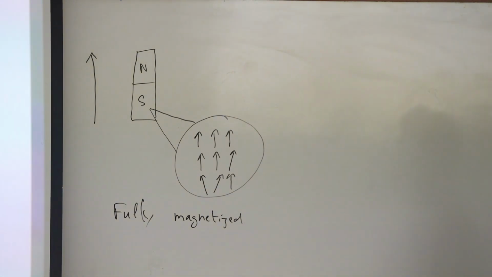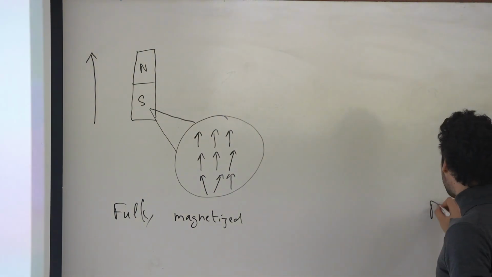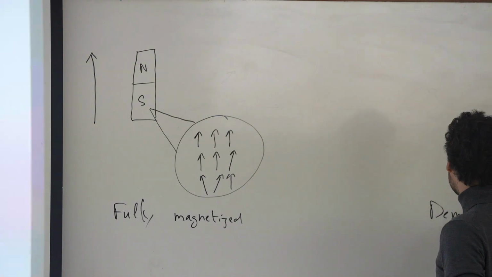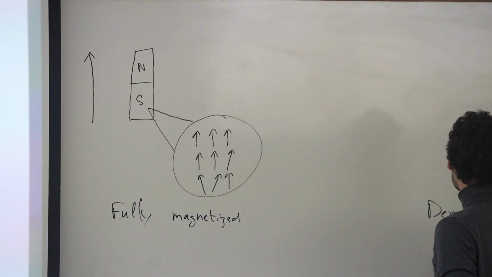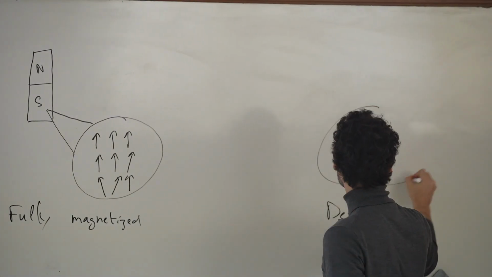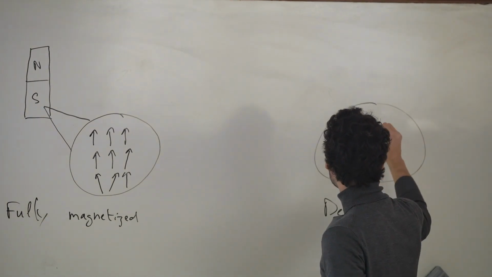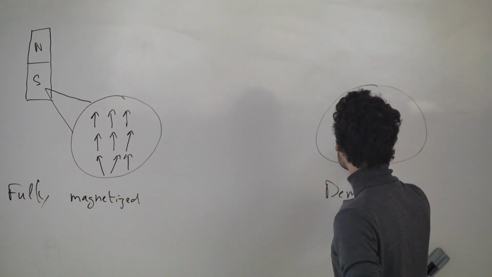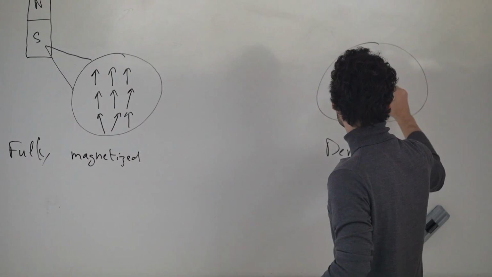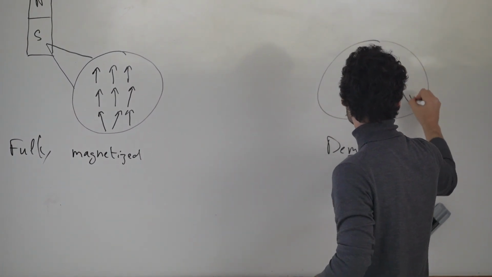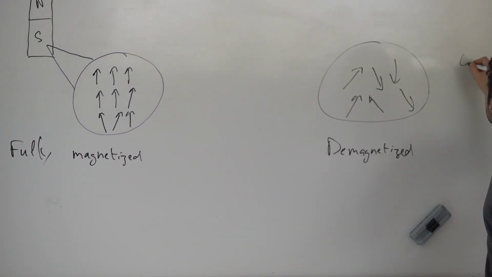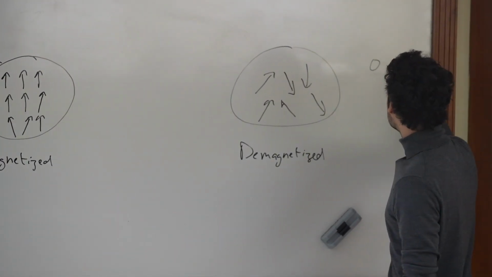It's something that's known as entropy in physics. But basically, when it's demagnetized, it'll just look like this. You'll have things pointing in completely different directions. And on average, you have zero magnetization.